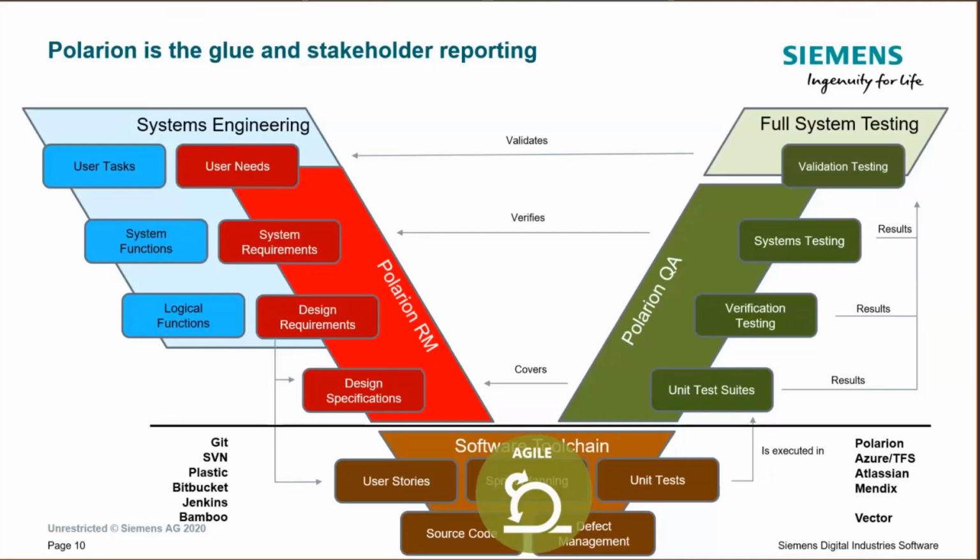And above the line, we have this decomposition or this construction that regulatory people think of when they think of how we're going to present the data back to them. And in this case, the construction is really user needs to system requirements to design requirements and design specifications. And in that way, we're going to decompose the design and relate it to our logical functions and system functions that are defined in our systems architecture.